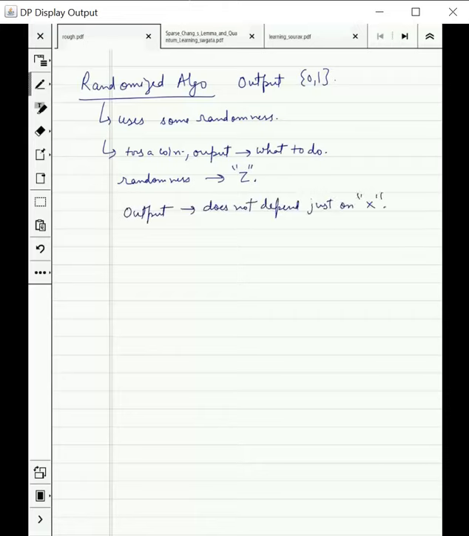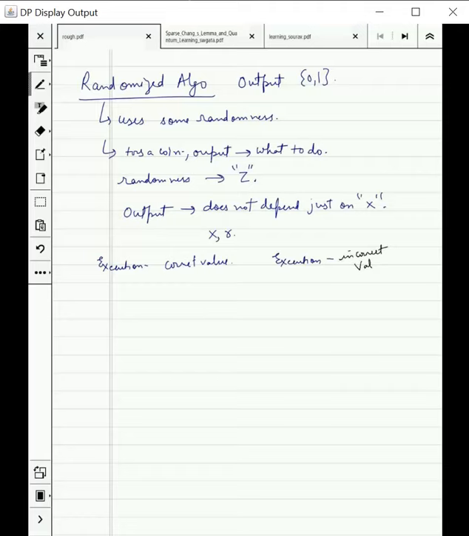Generally, the output only depends on X. Here, it will depend upon X and some random bit R, which will be chosen randomly through the execution. So, in some execution, it might give the correct value because one of the correct choices was made. Some execution of the algorithm might give an incorrect value.